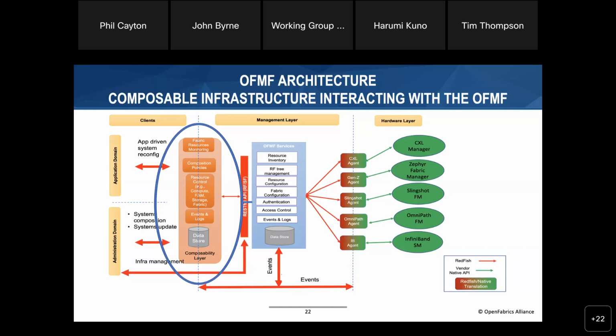It'll associate the memory blocks, report back to the OFMF success or failure, and then that reports back an event to the composability layer so the client can know, hey, it's done, or I had a failure for some reason.